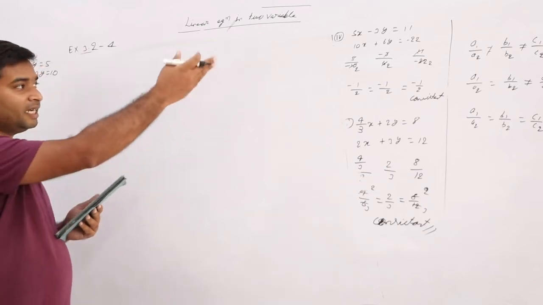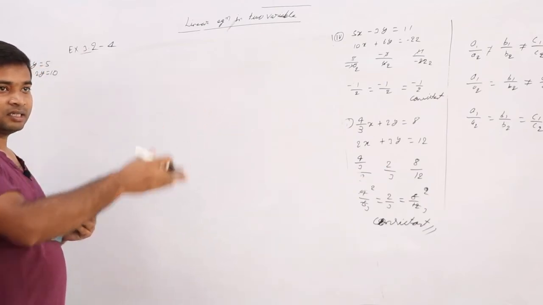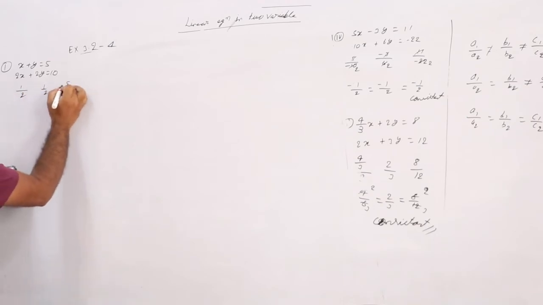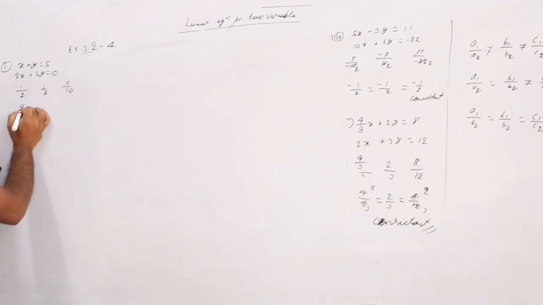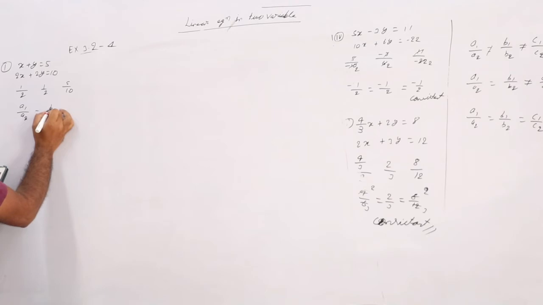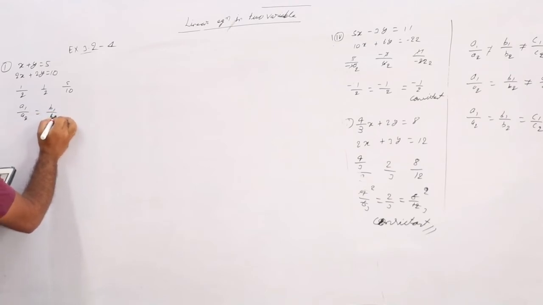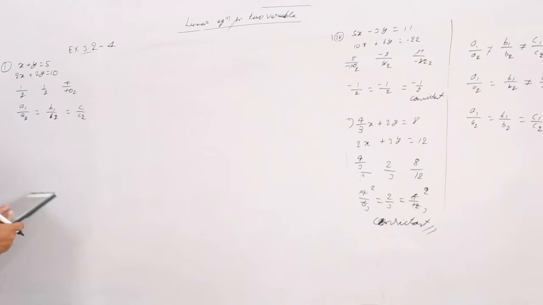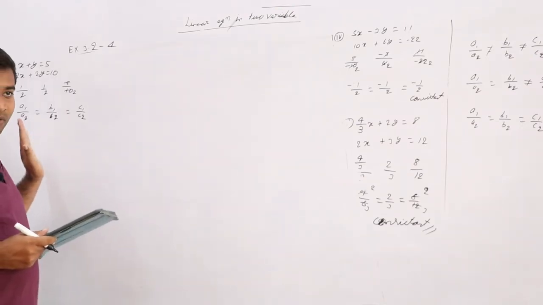You should find by A1 by A2, B1 by B2 and C1 by C2. So here 1 by 2, 1 by 2 and 5 by 10. A1 by A2 is equal to B1 by B2, this is also 1 by 2, C1 by C2. If all are equal, the solution is consistent.